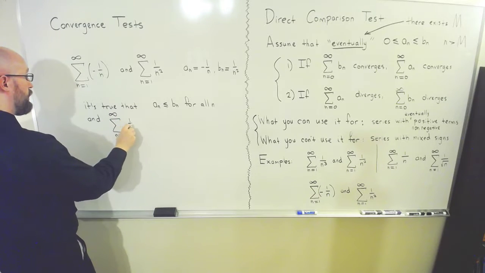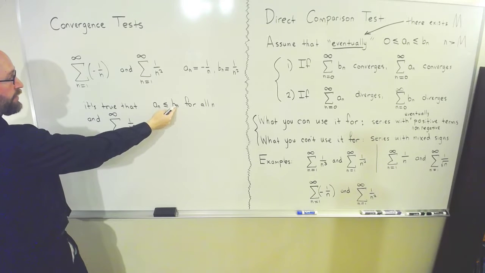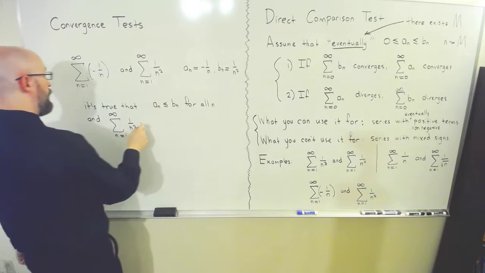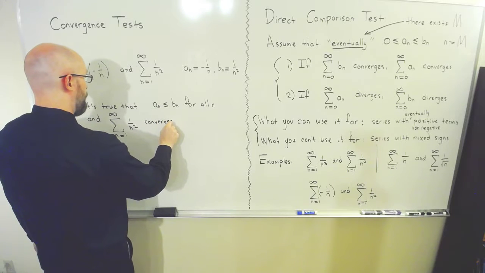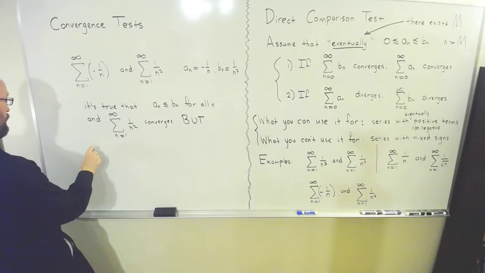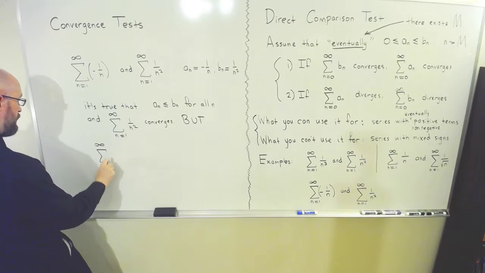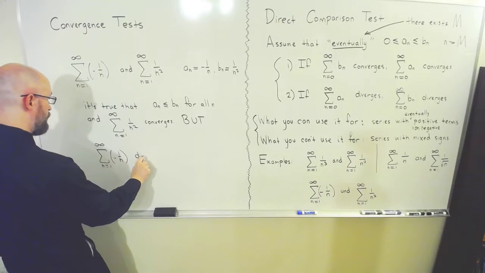The bigger one, if you like, bigger in the sense that the bn's are to the right on the number line of where the an's are. So this one converges, but this one diverges.